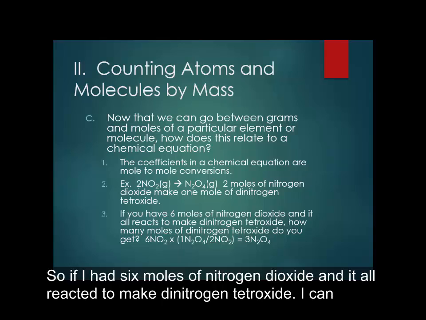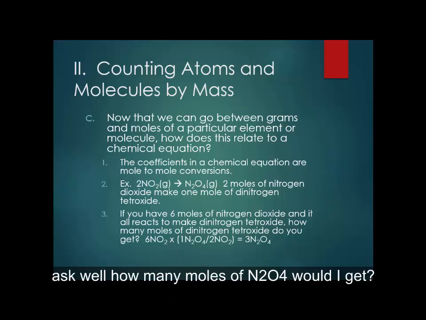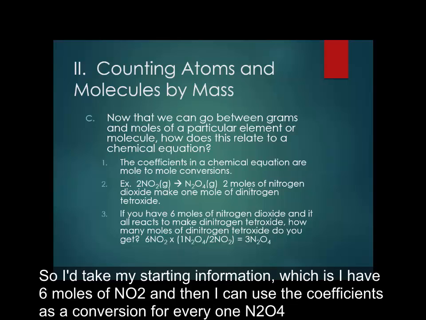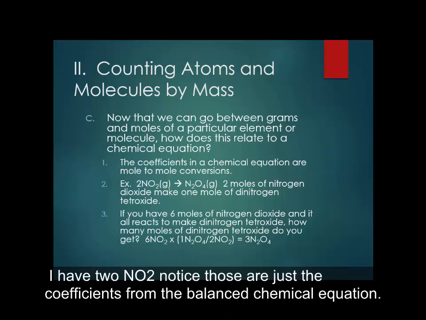So if I had 6 moles of nitrogen dioxide and it all reacted to make dinitrogen tetroxide, I could ask, well, how many moles of dinitrogen tetroxide would I get? So I take my starting information, which is I have 6 moles of nitrogen dioxide, and then I can use the coefficients as a conversion. For every 1 N2O4, I have 2 NO2.